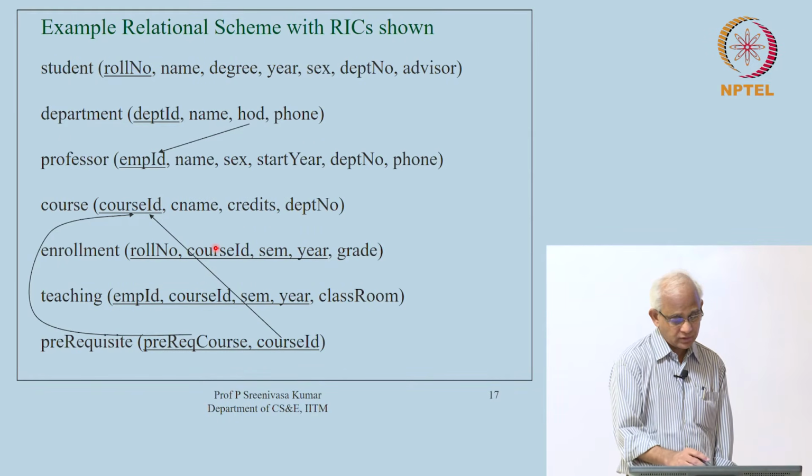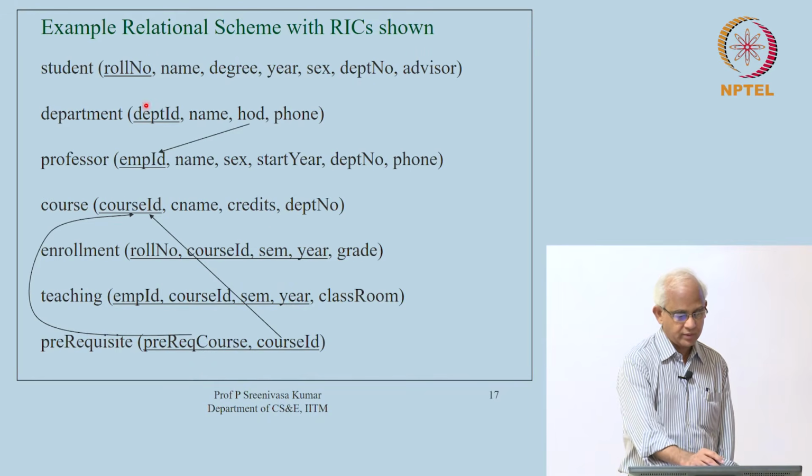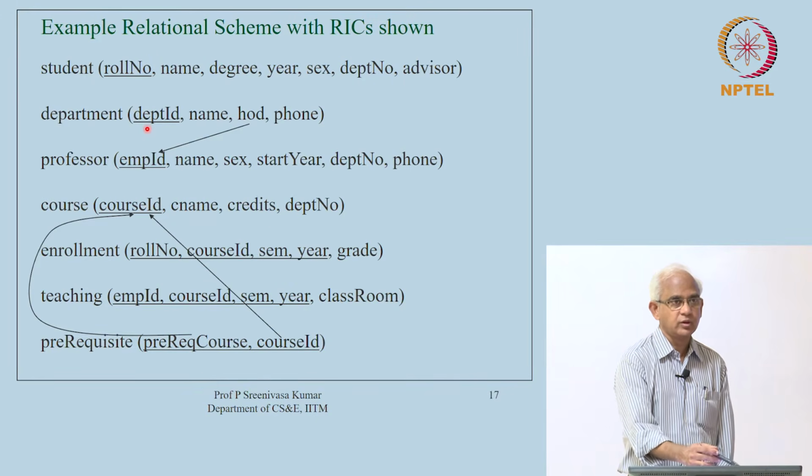And also the same kind of quantity is sometimes referred to by two different names, like for example here department number and department ID. We know that they are in some sense the same kind of thing.